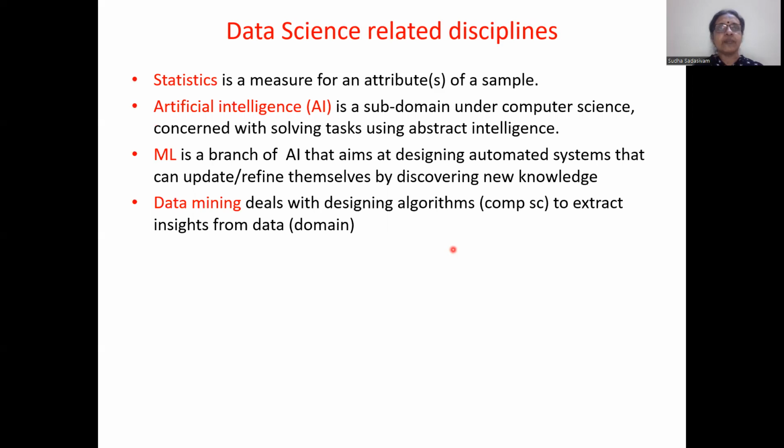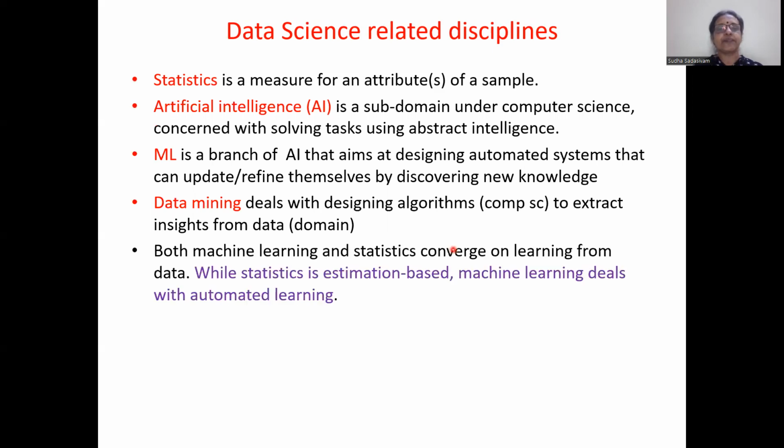Data mining mainly aims at designing algorithms in the field of computer science to extract insights from the available data. Machine learning and statistics converge on learning from data. Statistics is estimation based on a sample of data, whereas machine learning makes use of a lot of available data in order to develop the models.